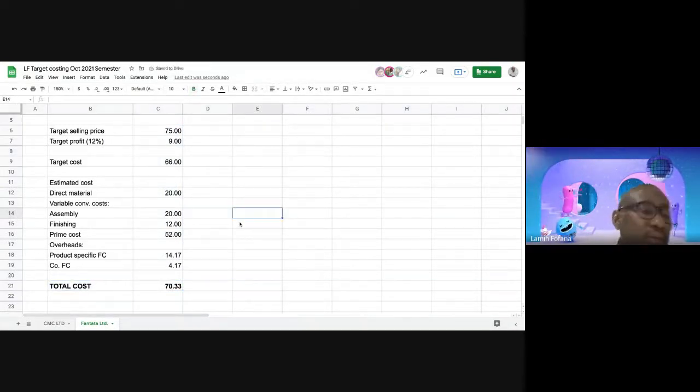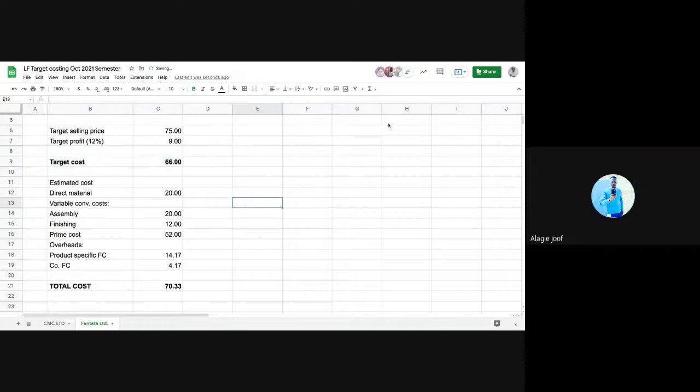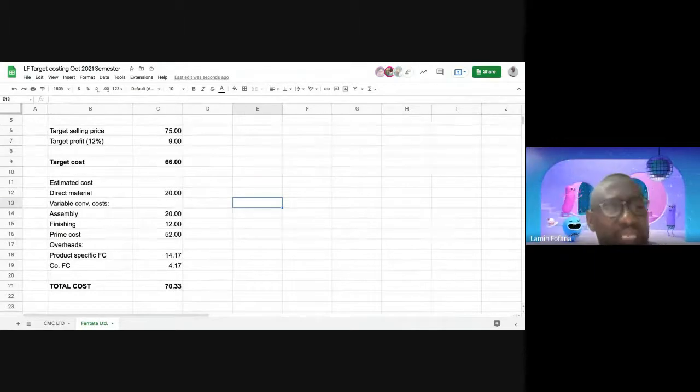Is this clear, everybody? Our total cost is 70.33. But what is our target cost? The target cost was 66. So what does this mean? Our target cost is 66, but our estimated total cost is 70.33 per unit.